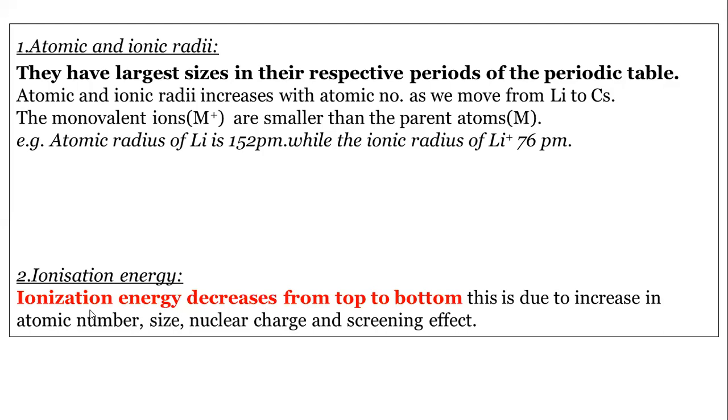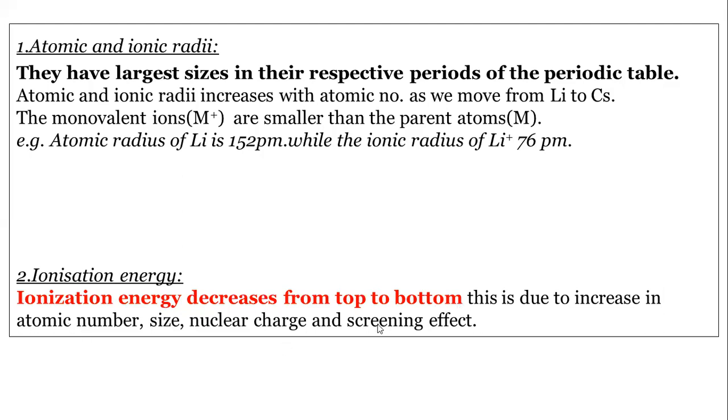In case of cesium, the valence electron is away from the nucleus, we can easily remove it, means less energy is required to remove the electron present in the outermost orbital of cesium. But in case of lithium, it is closer, so ionization energy will be more. As we move from top to bottom, these values decrease because the electron goes away from the nucleus.